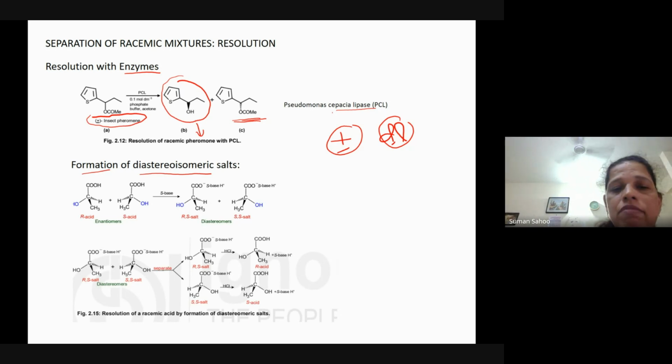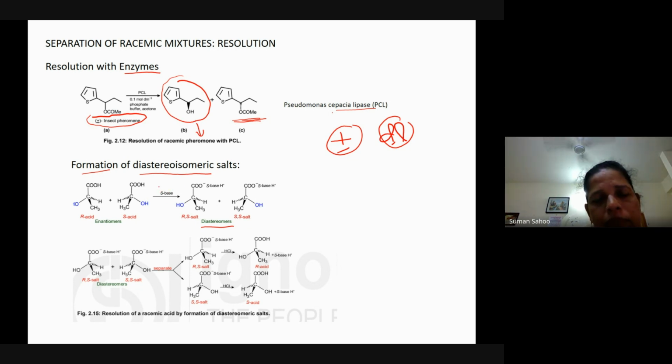But if we convert them to diastereomers, you can separate them. Suppose you have enantiomers of R acid and S acid, and you use a base whose configuration is S.